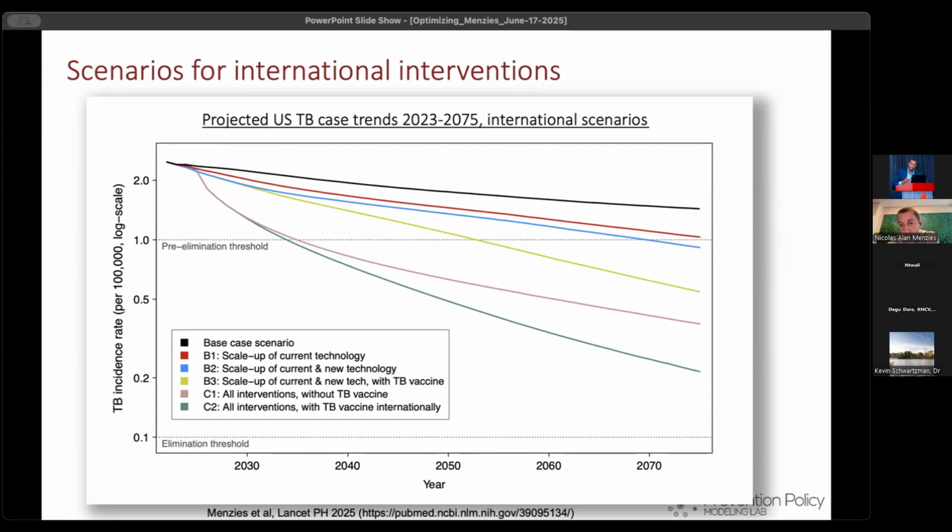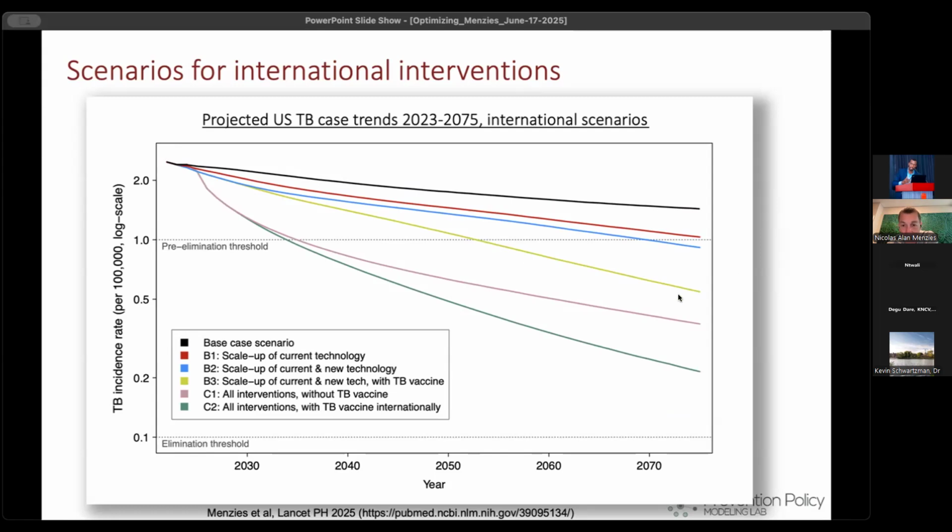The red one is thinking, what if we just use current interventions better? The blue one is saying, what if we have the current interventions as well as new interventions and technologies we anticipate coming up shortly, except a vaccine? And then this yellow one is I think the closest thing we have to the global plan scenario. This is essentially the global plan scenario, but expecting that we would get a vaccine in 2030 rather than 2035.